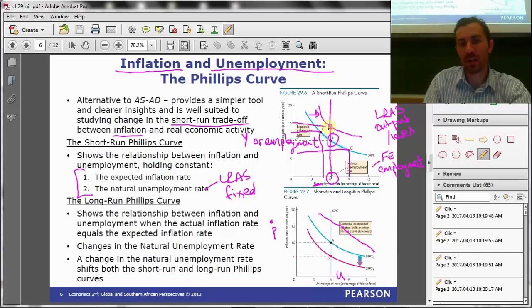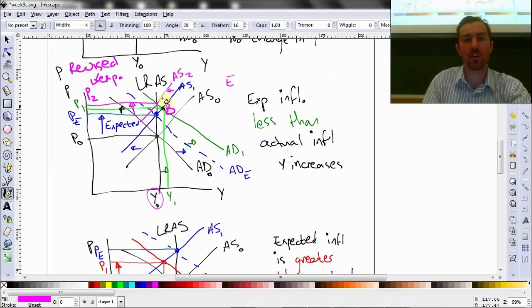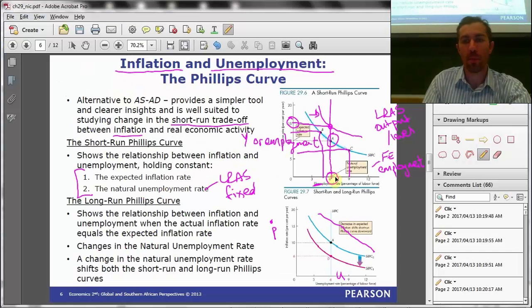So 15% is our expected inflation rate now. What happens when we've revised our expectation of inflation and it's correct? We end up back at full employment but with higher price levels, right? So if we're back at full employment, we're back at the natural rate of unemployment, but we now expect inflation to be much higher, right?